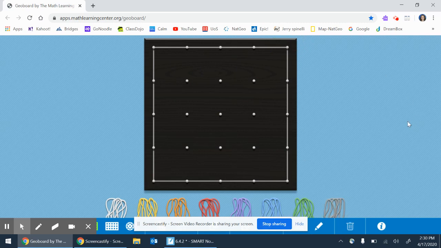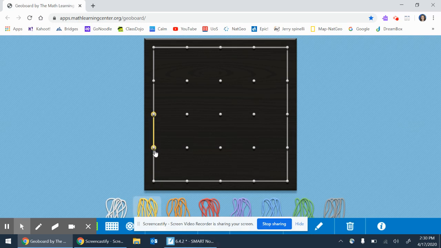So it's like one whole pan of brownies, one whole chocolate bar, something that is the whole thing. All right. So you can either follow along and do this on your geoboard, or you can just stick with mine and watch me as I go through it, okay?